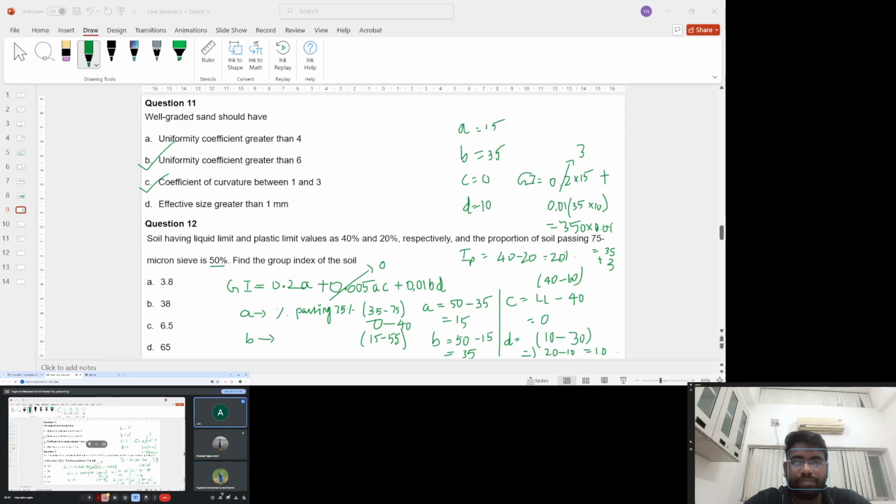What is the first part, sir? A is 15. What is 0.2 times A? 15 into 0.2 is 3. 3 plus 3 is 6, and the last one, the third part, is 350 into 0.01, which is 3.5.